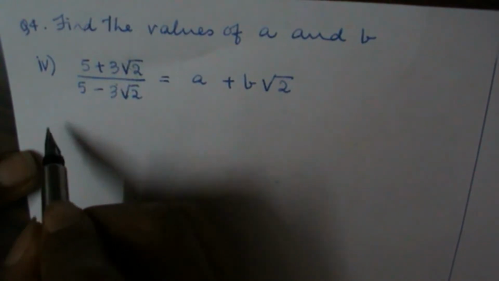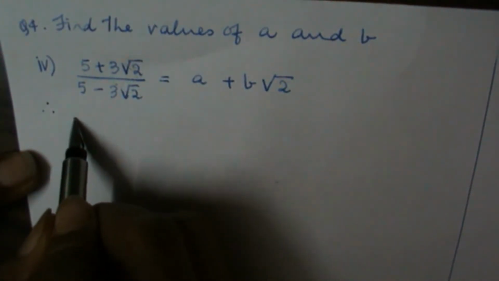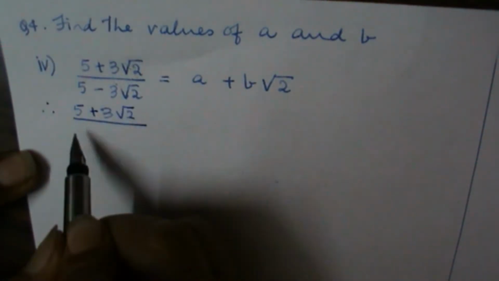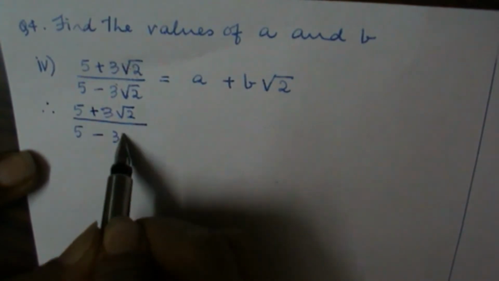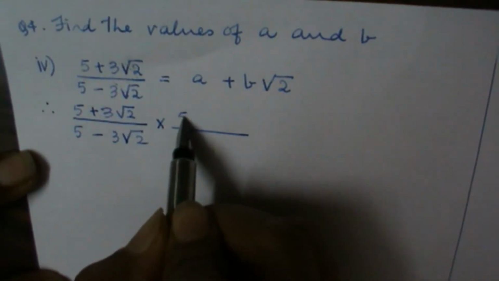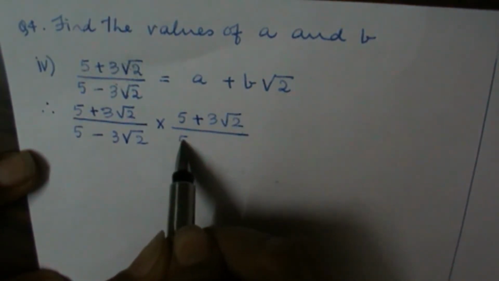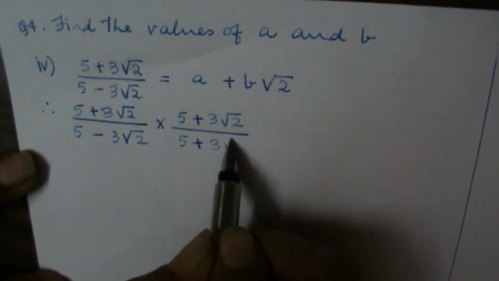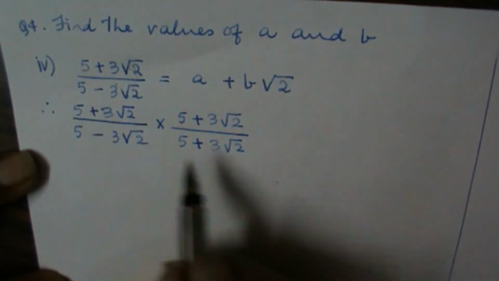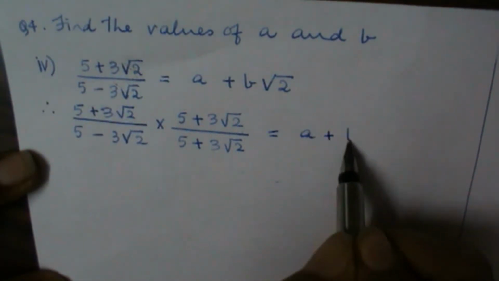Let us just keep our mind straight and start with, therefore, we will write (5 + 3√2) upon (5 − 3√2), and we will multiply and divide by (5 + 3√2) upon (5 + 3√2). Why did we take plus? Because this is minus. So a minus b into a plus b, and that will give me a squared minus b squared.